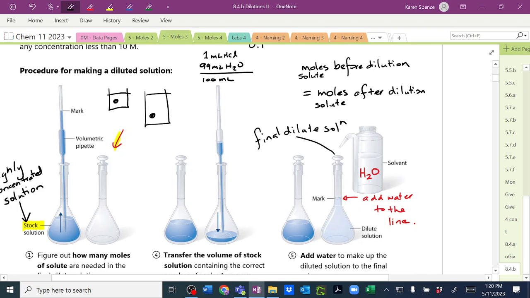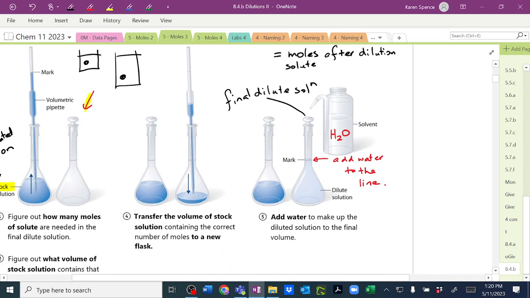For this dilute solution, we know the molarity, the moles per liter, and we also know the volume, in liters. If I say, go make me 2 liters of 0.5 molar HCl, you know the molarity and you know the volume.